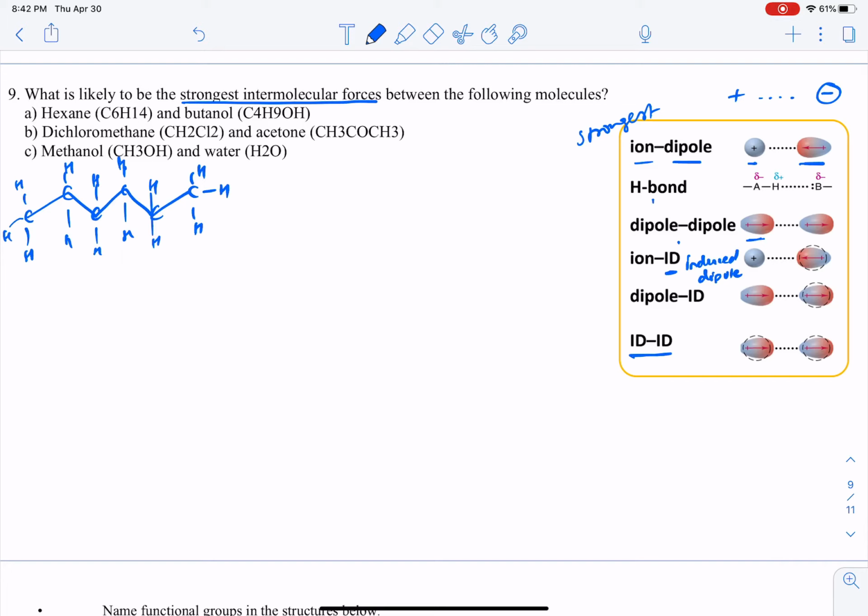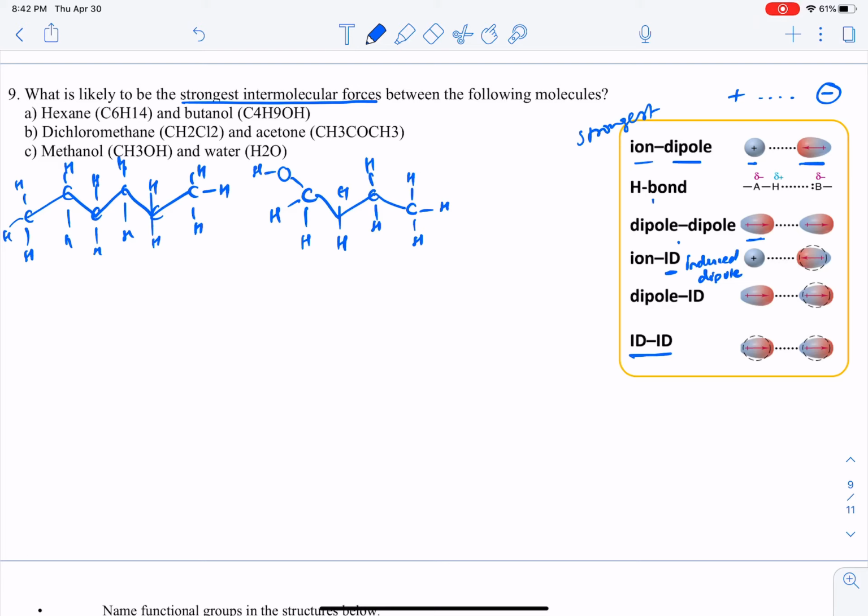Butanol has 4 carbons, so let's make it like this. Okay, so that's butanol.